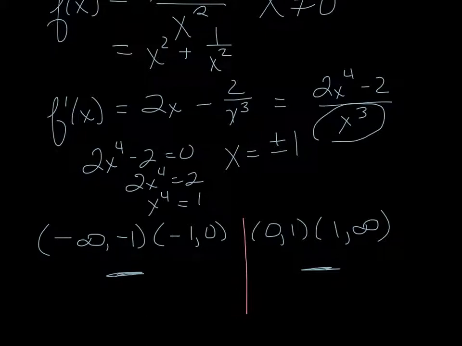Since it's open, it doesn't represent it, right? Because it wouldn't include -1. Yeah, we're looking for the intervals because at x equals -1, the derivative equals 0. So it's only increasing or decreasing from negative infinity to negative 1. It's like approaching and then... Yes, yes. Okay.